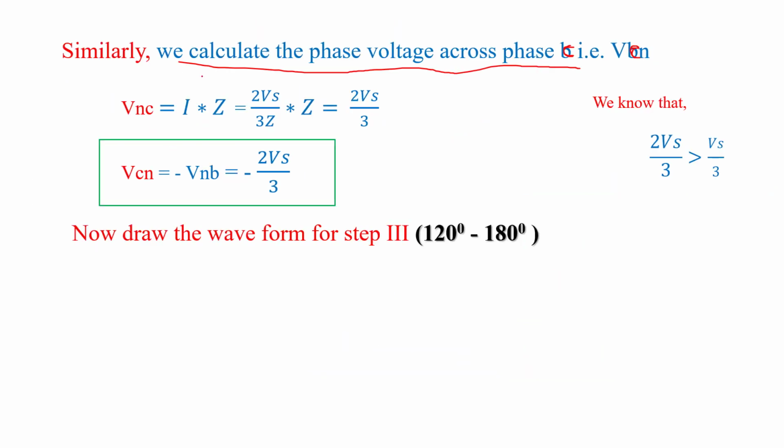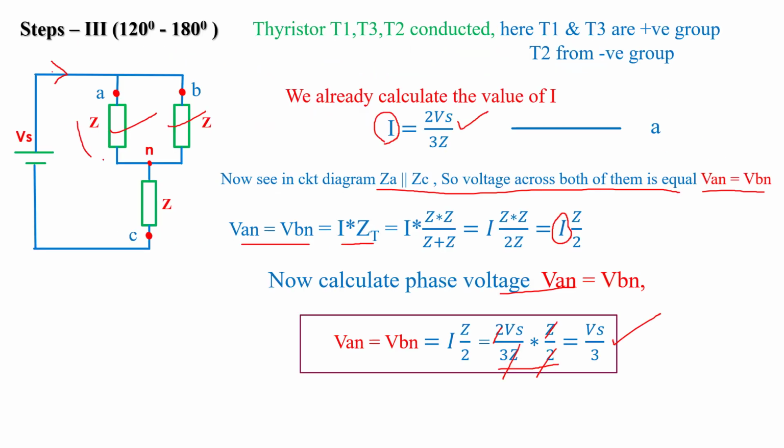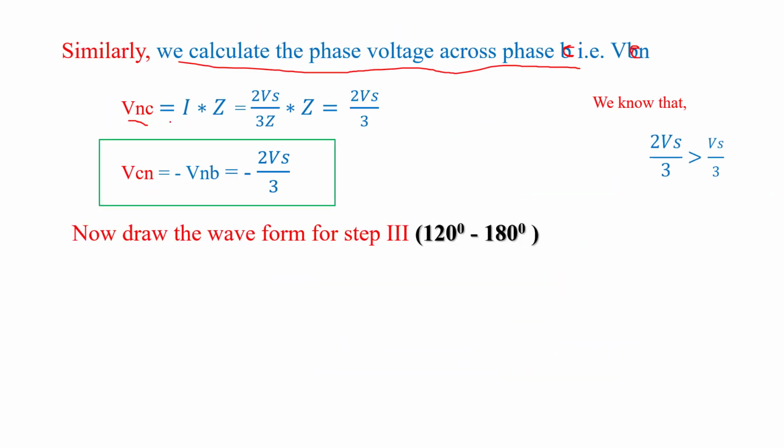Now similarly we calculate the phase voltage VCN. Here we calculate VNC because the current flows in this direction, from neutral towards C. So VNC equals I multiplied by Z. We know I is 2Vs by 3Z, multiplied by Z. So Z cancels, and we get 2Vs by 3.